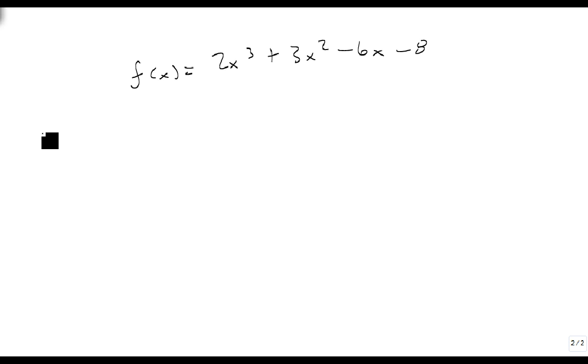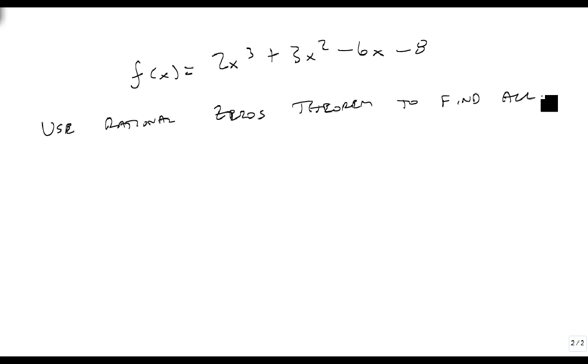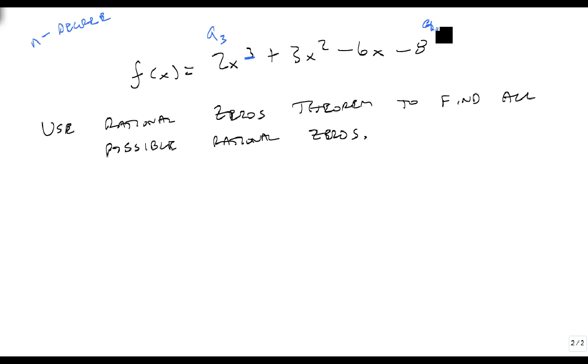And what we're going to do is use the rational zeros theorem to find all possible rational zeros. So we're going to identify a_n. This is a_3, which matches our degree, so the n is the degree. And this is a_0.